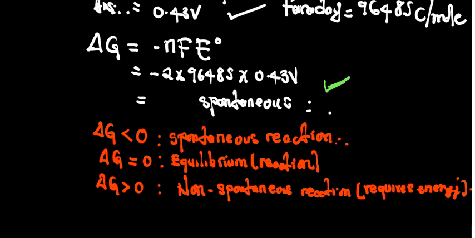So when delta G is less than zero, you're going to get a negative value. That is going to give you a spontaneous chemical reaction because it doesn't require external energy. And when delta G is equal to zero, that chemical reaction is at equilibrium. And when delta G is greater than zero, that is a non-spontaneous chemical reaction. Are we together?